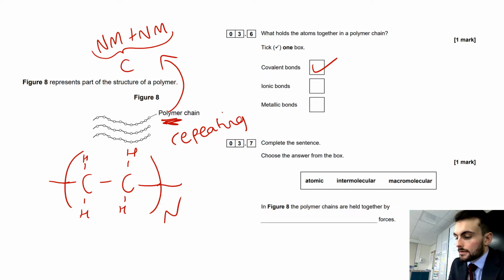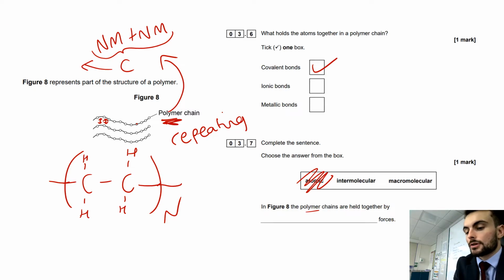Complete the sentence, choose the answer from the box. In figure 8, the polymer chains are held together by, for this one, we're talking about the chains, so we're talking about the forces in between the chains. So it can't be atomic because that's talking about individual atoms. We're thinking bigger than that. And hopefully, if we remember, we're talking about covalent, and one of the phrases you've always got to come back to for this one is weak intermolecular forces, always.